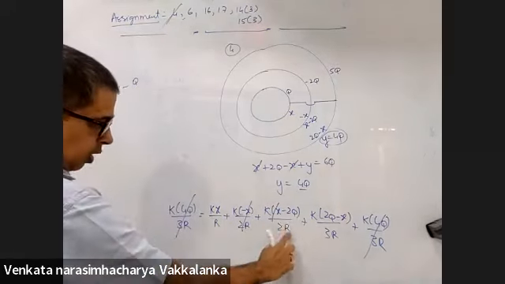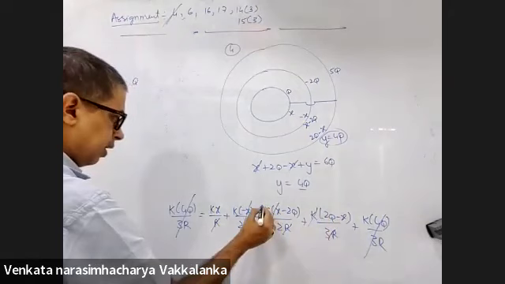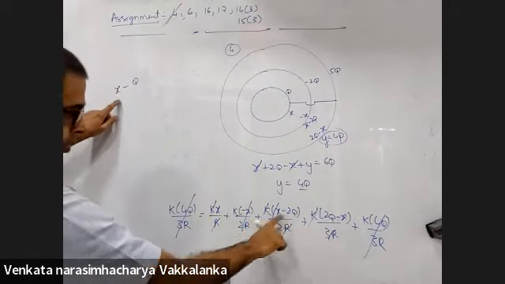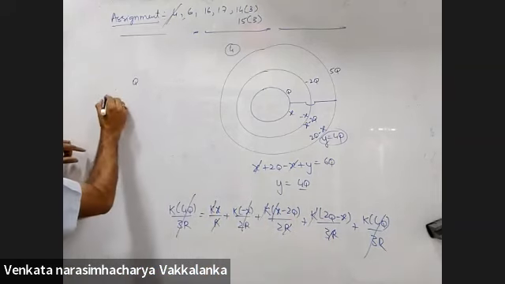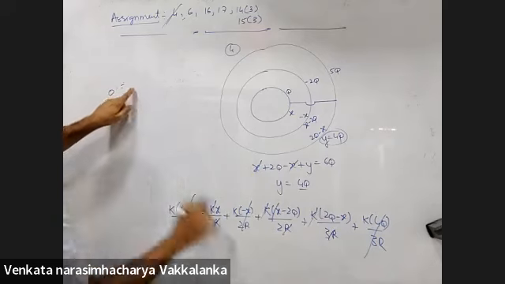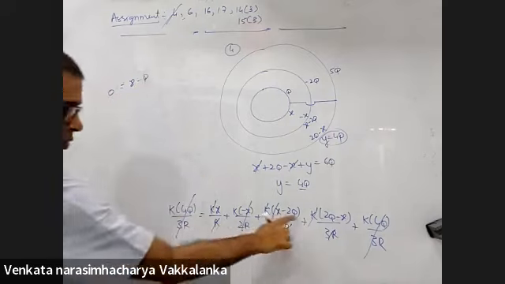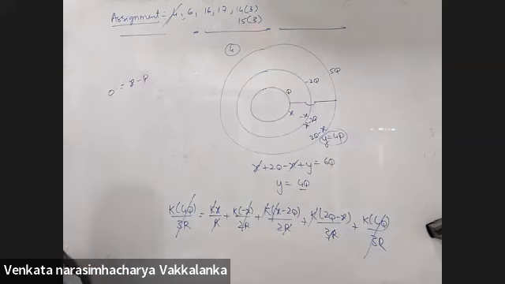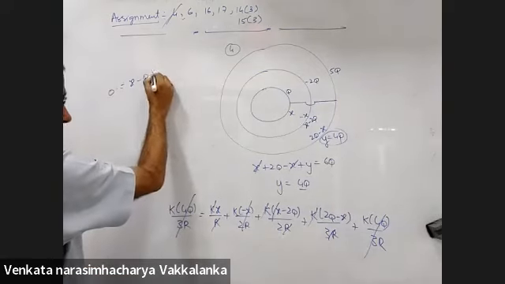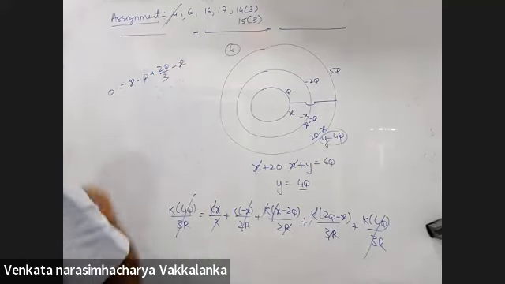So 0 equals X minus Q. Now here, 2Q by 3 plus 2Q by 3 minus X by 3, right?